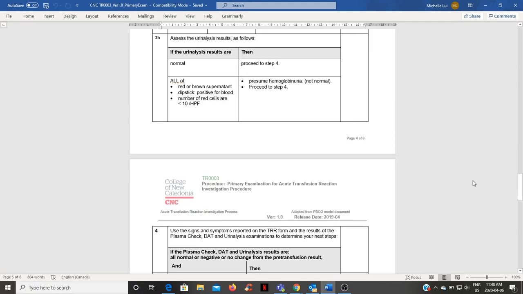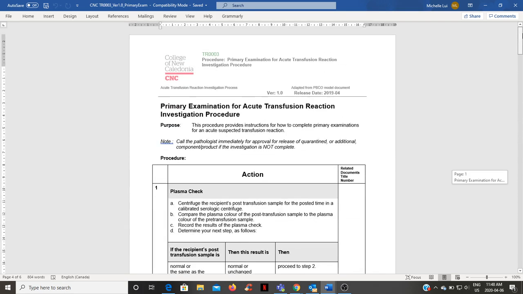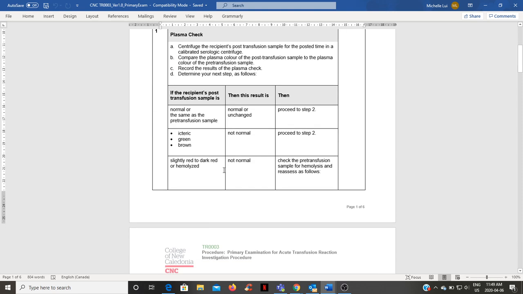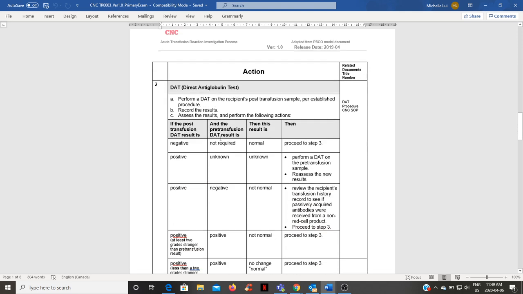Okay, so back up to the top of procedure 3. Remember, we're on case 3, and her signs and symptoms were hypotension and dizziness. If I scroll through here rather quickly, remember pretty much a primary exam is your plasma check and your DAT.